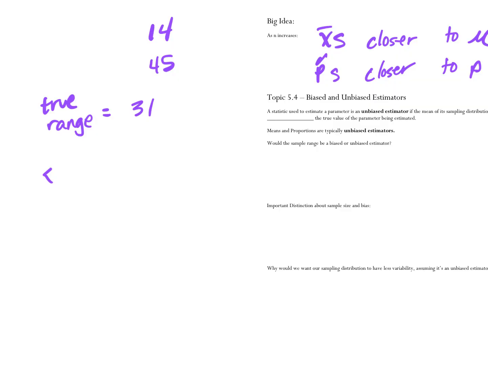All right. So you guys, here's what we're going to do. There are not symbols for the population range and a sample range. So I'm going to call this big R, and we're going to take some samples where little r is going to be the sample range. Is everybody good?